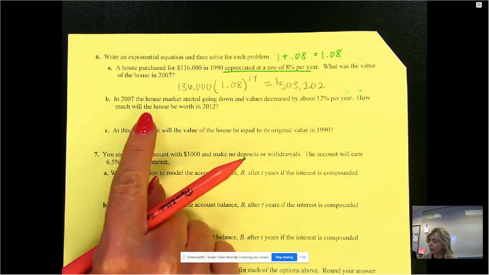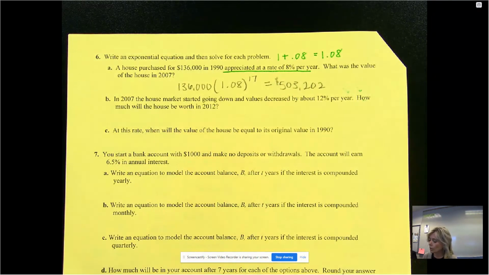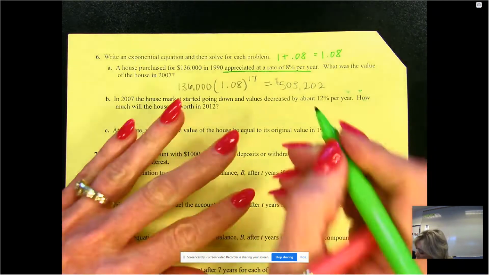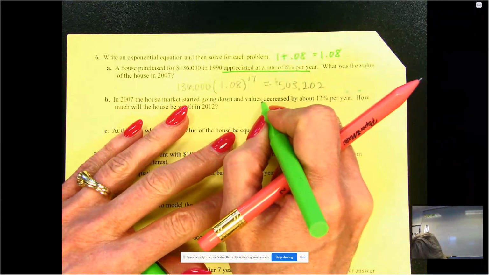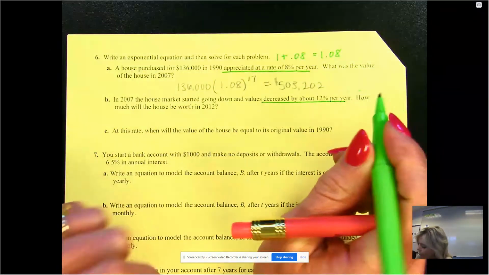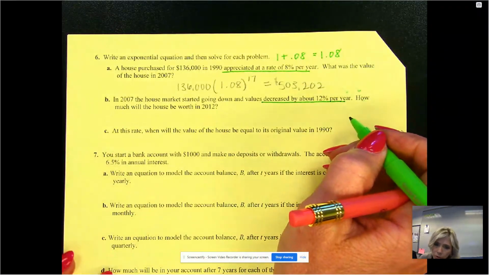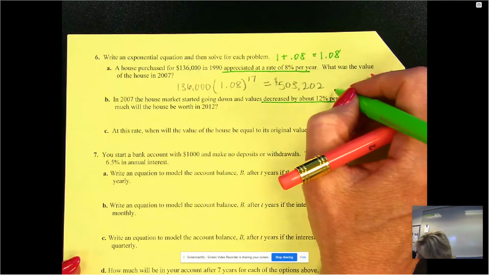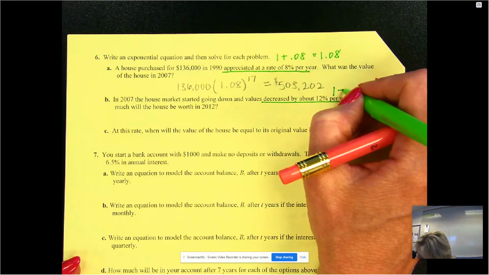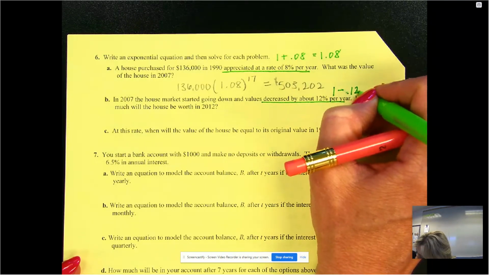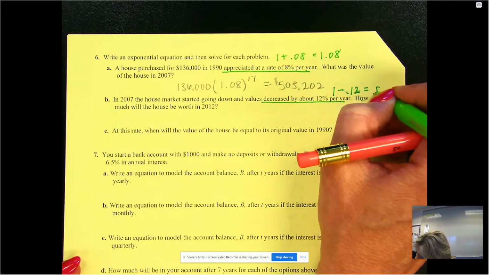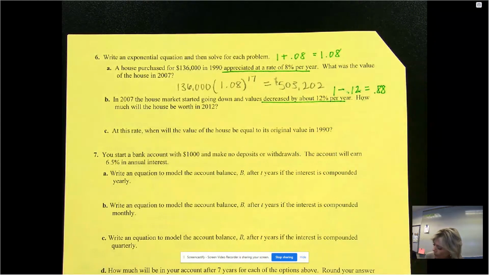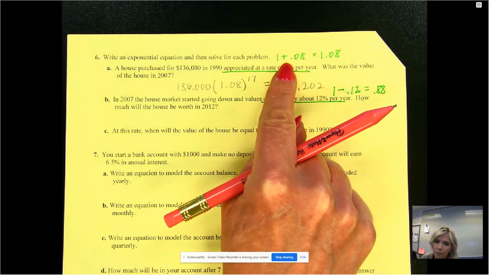In 2007, the house market started going down and values decreased by 12% per year. So when value decreases by 12%, that means we do 1 minus 12% as a decimal, 0.88. Okay, so if it was increasing, we add the percent to 1.